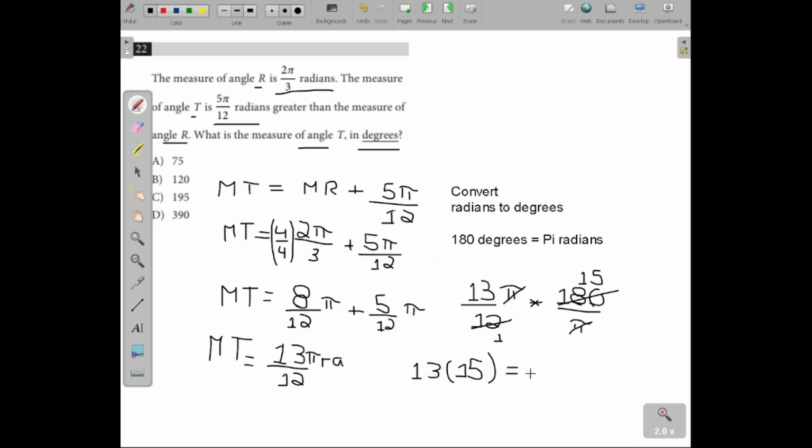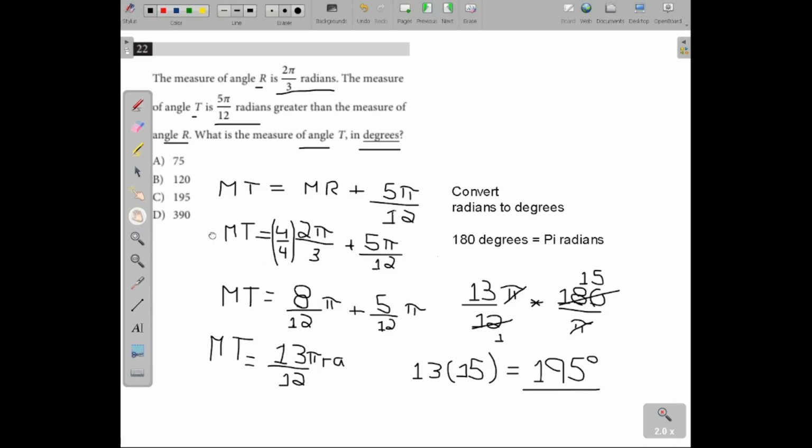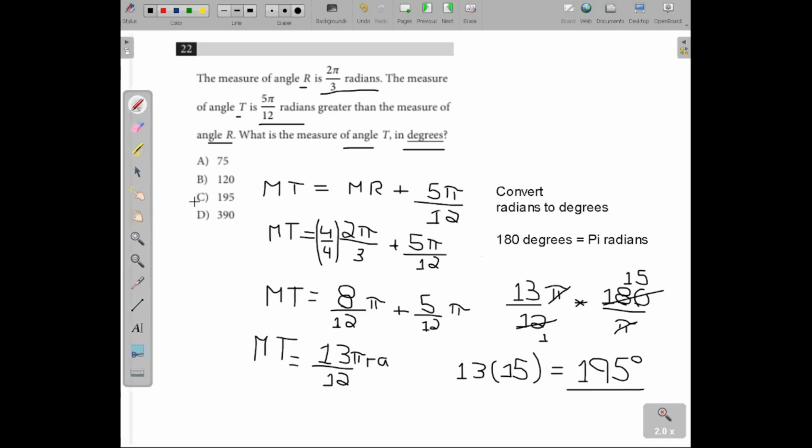And the result is 195 degrees, which is answer C.